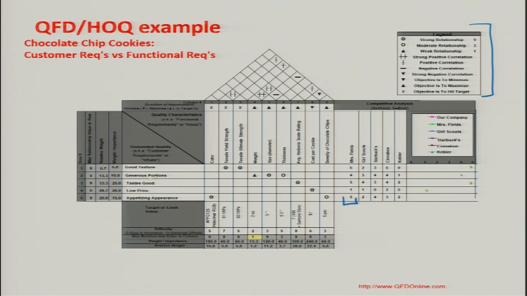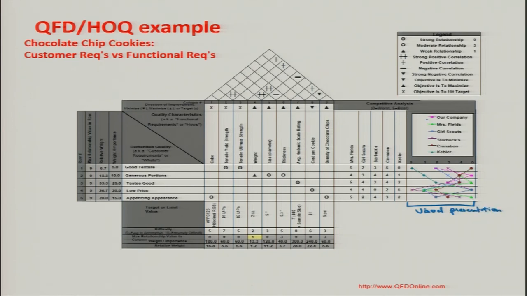It might be a higher priced cookie that is provided by Mr. Fields, that is why the price has got rating 1. In appetizing appearance it is again 5. So this is the way we construct this flow diagram. So this is for Mr. Fields. So we have got this visual representation of the data.